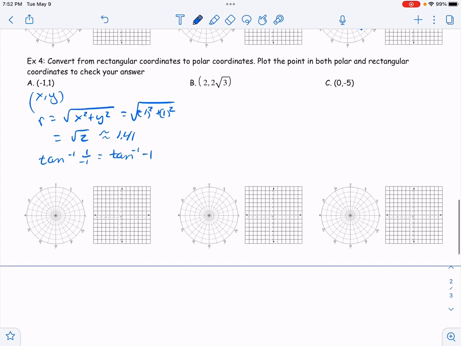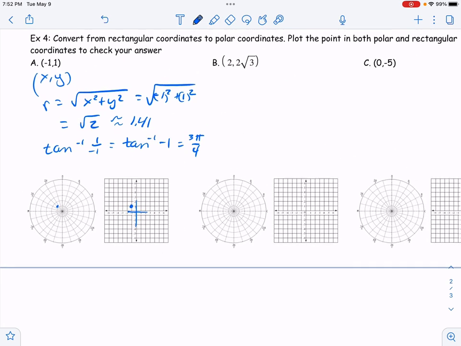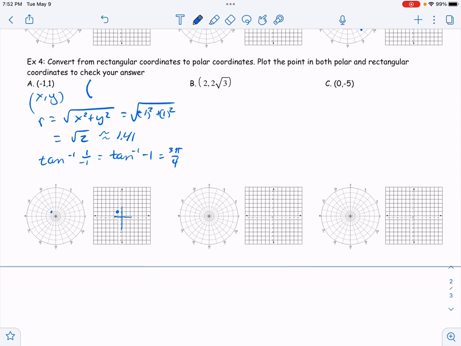Well, which quadrant am I in? If this is negative 1, 1, I'm right here. That angle is 3 pi over 4. So 3 pi over 4 and 1.4 is right here. So my coordinates, when I got done, I should probably write them as root 2 comma 3 pi over 4.